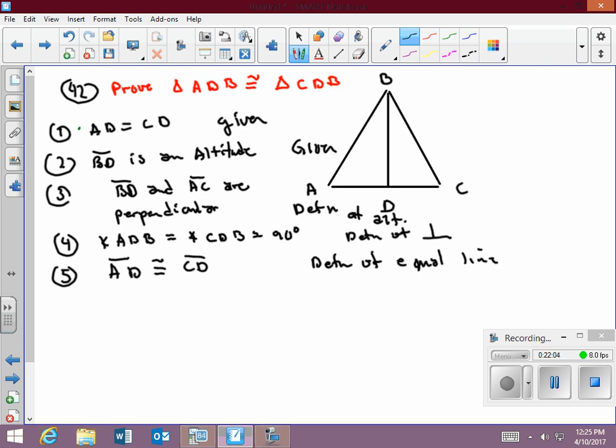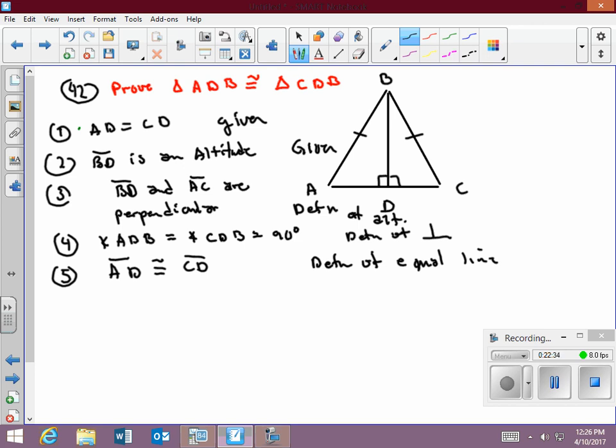If equal length, the lines are congruent. So now you've got AD and CD congruent, and you've got these two angles that are 90 degrees. So now what do you have?